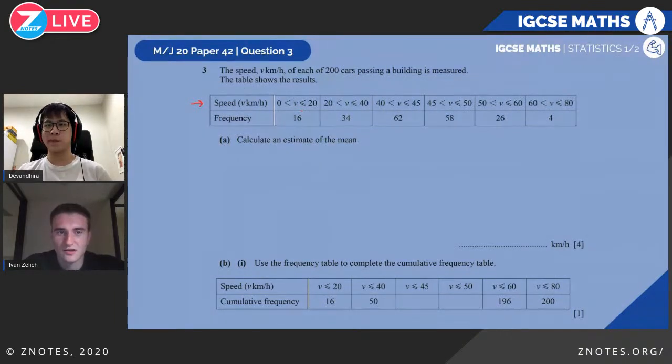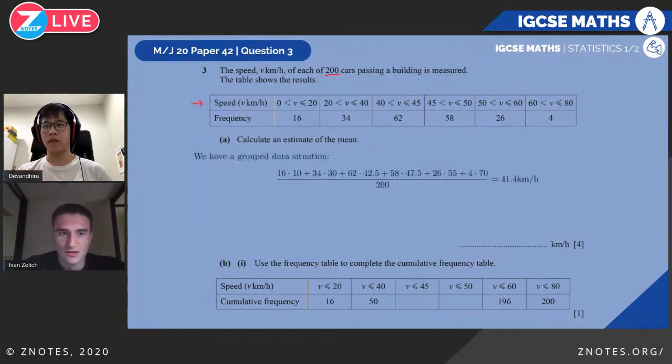So to calculate the estimate of the mean, we go 16 times 10, 34 times 30, etc., add them all up, and then divide by the number of cars, which is 200.